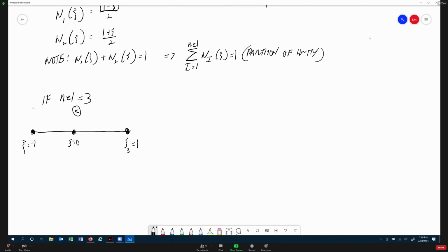Your first shape function, N1 of C, starts at 1 and linearly decreases from -1 to 0.